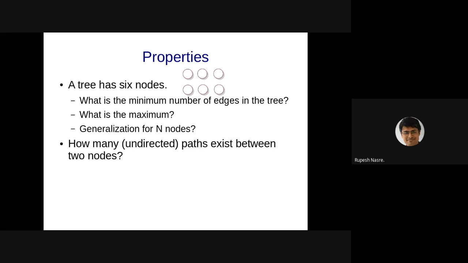The root has directed path to every node, but not every node has directed path to each other unless they have ancestor descendant relationship. So if you take for example two children of a root, then those are going to have a path between them going from the root, right? Undirected path, right? So after ignoring the arrows. So how many undirected paths exist between two nodes? Can somebody think about it?